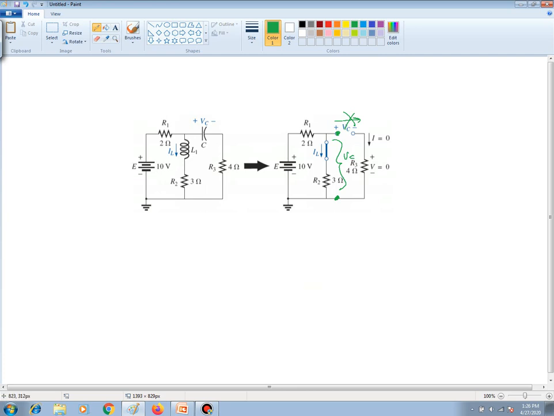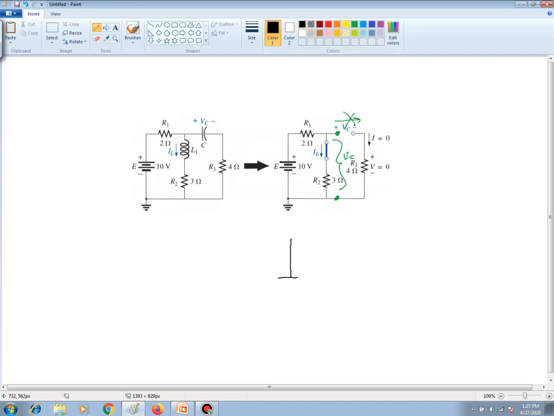Now the other thing is that I sub L is the current flowing through R2. So in a sense, I sub L is equal to the current through R2. Therefore, we can redraw this circuit to look something like this.